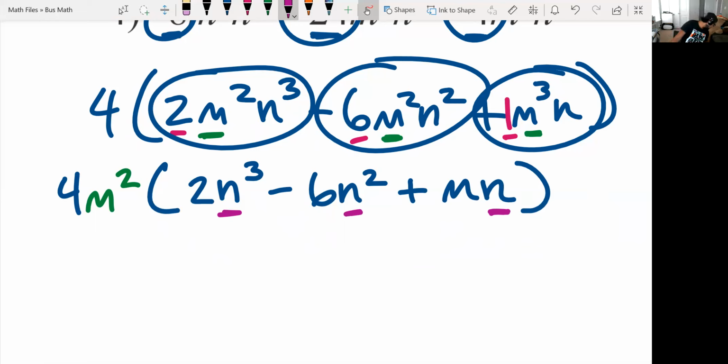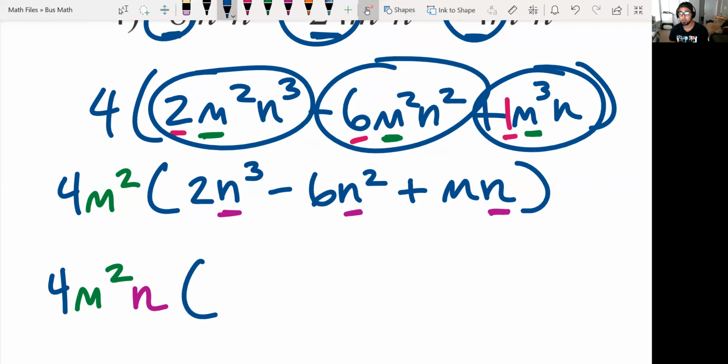For the greatest common factor from n cubed, n squared, n, we want to take out the lowest power of n, which is just n to the first at the end. So on the outside, I have 4m squared, and now we're taking out an n.